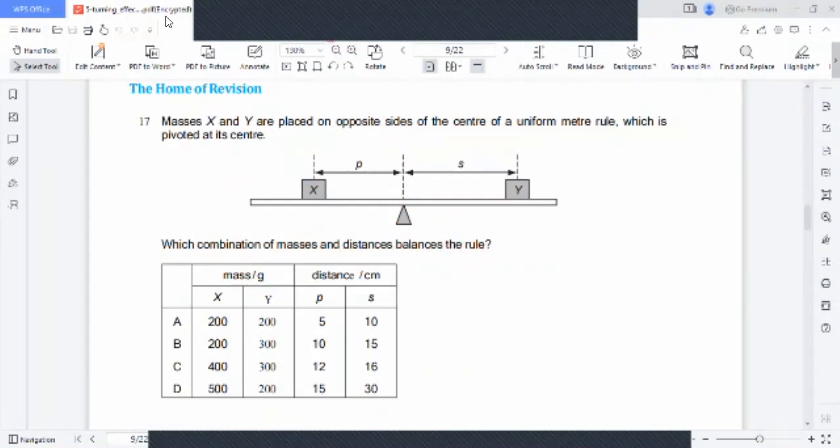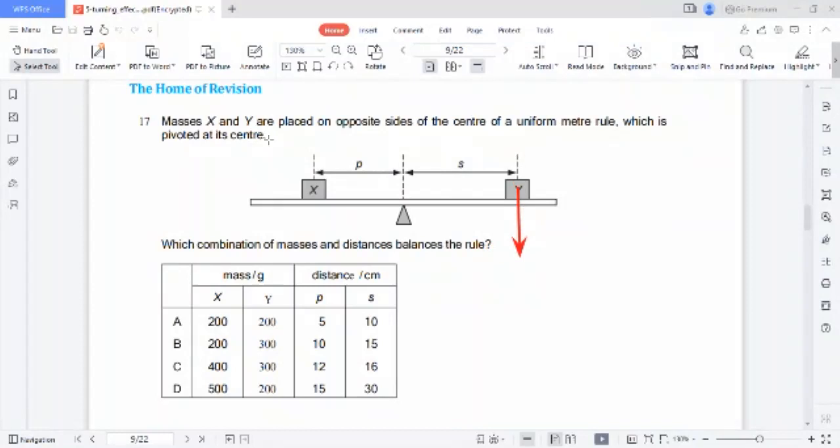So this weight is going to act in a downward direction, so it is looking to create a clockwise moment. The weight of this block is going to act in a downward direction like this, and it is looking to create an anti-clockwise moment.